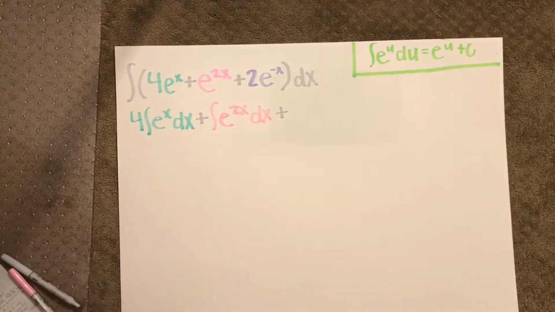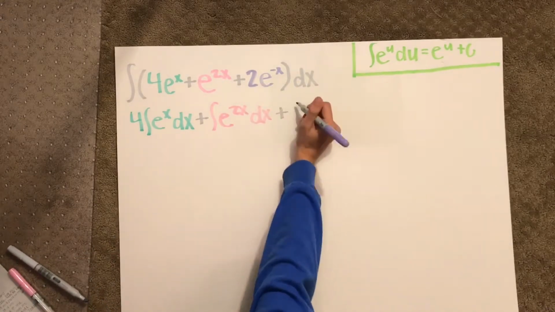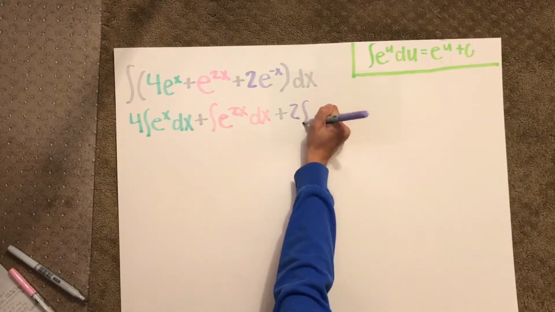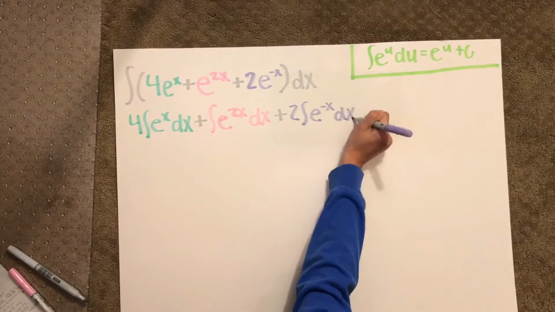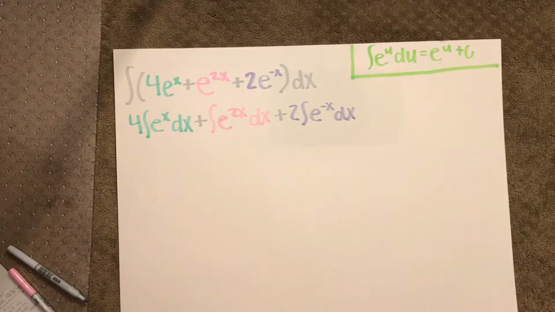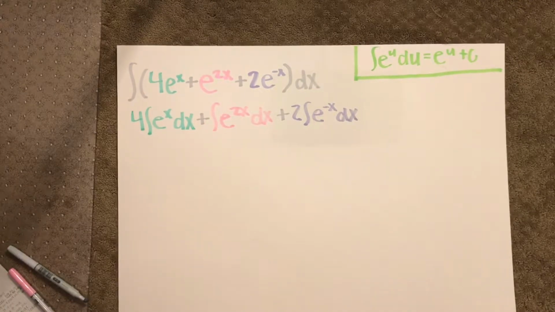Plus, and your third term, you're going to take your 2 out in front, 2 integral e to the negative x dx. And so now you're going to work on them separately, and we're going to use u substitution to solve the problem.